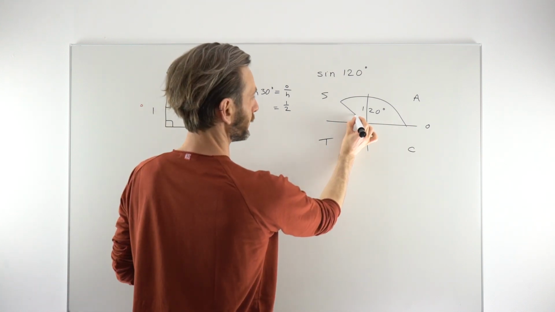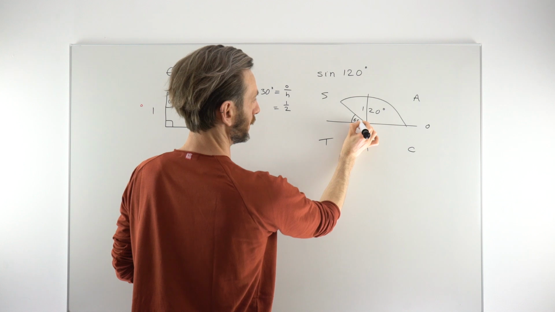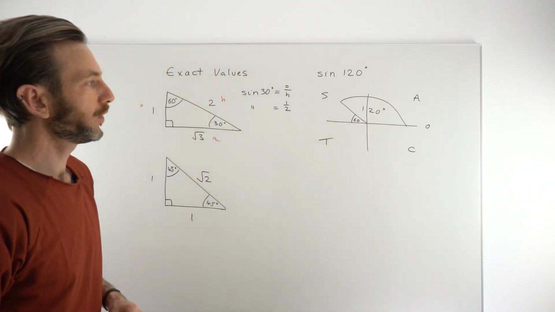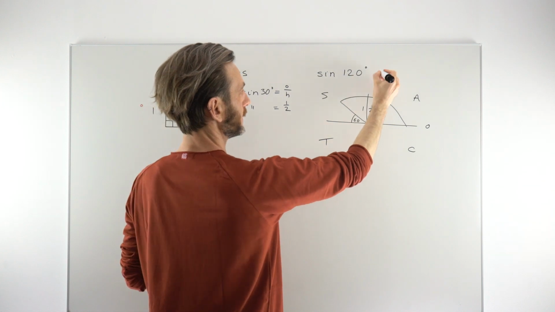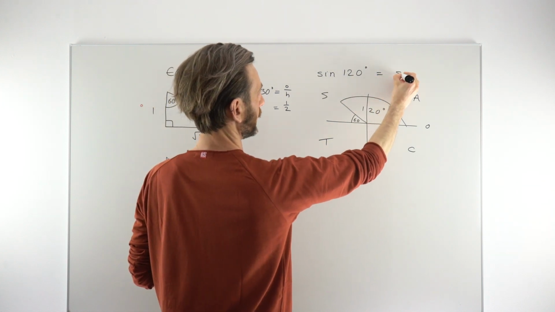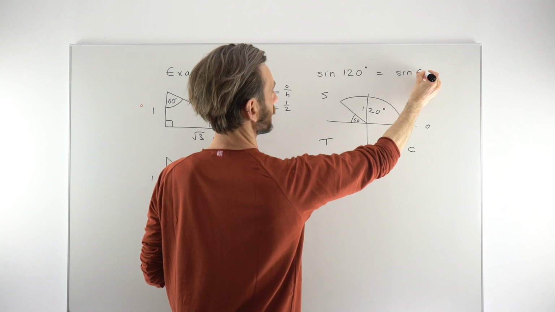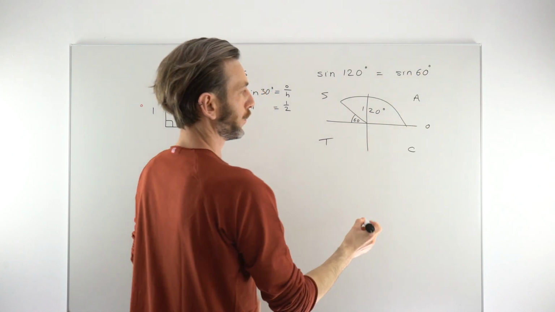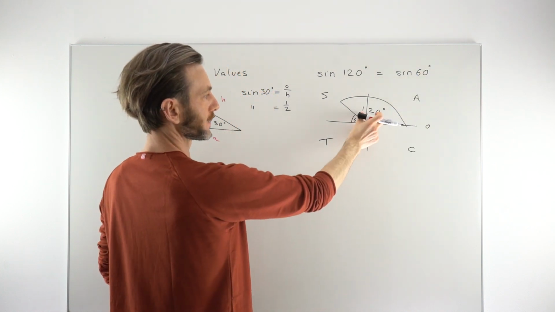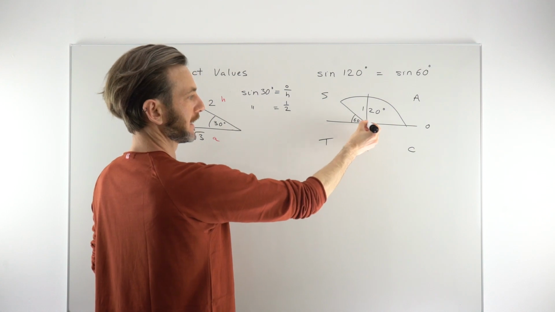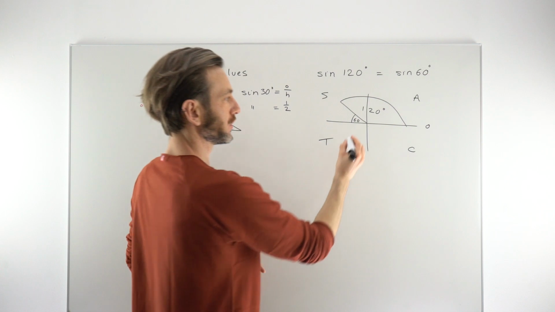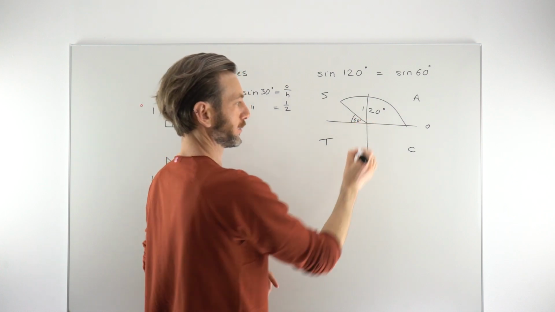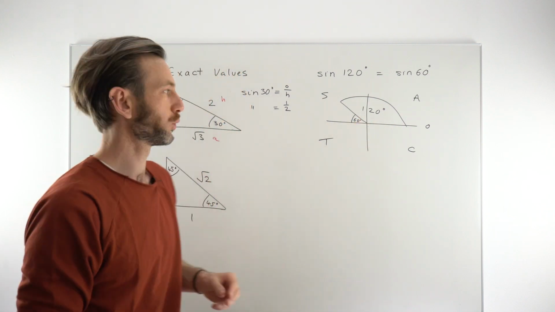That would mean that we're left with 60 degrees in here, okay? What that tells us is there's some relationship between the sine of 120 and the sine of 60 degrees. So when you mark on this angle and then work out the other angle, there's some relationship between those two angles. And that's just a way that the trig functions work.